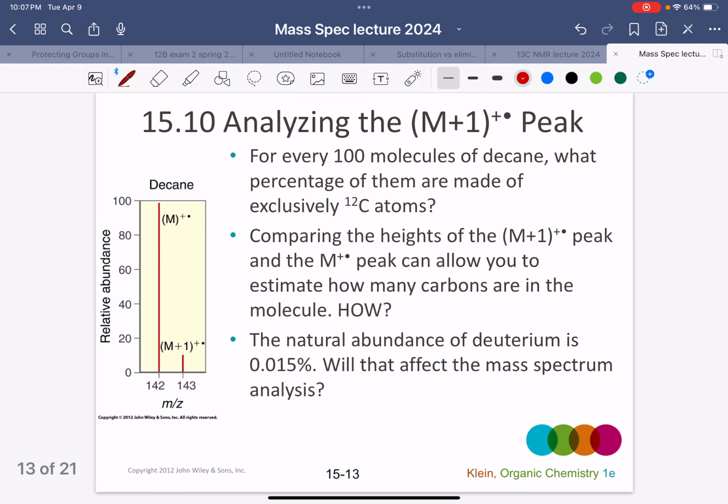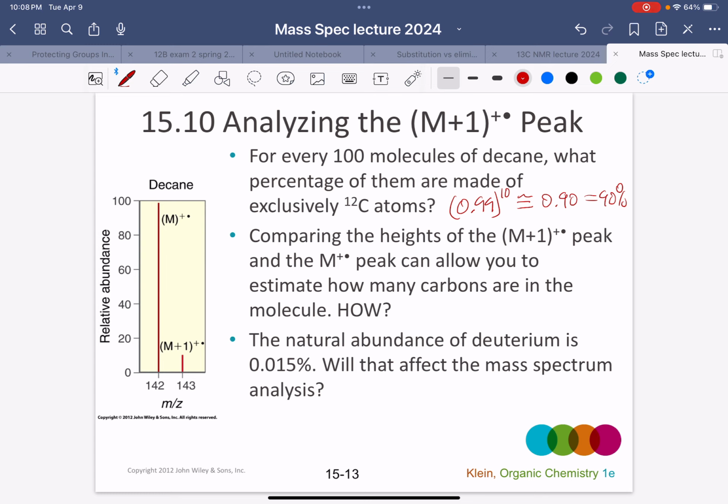So 0.99 to the 10th, and that equals approximately 0.90, which equals 90%. It's a little bit more than 0.90. But 90% of molecules of decane, so for every 100 molecules of decane, 90 of them are exclusively carbon-12. The other 10 have one carbon-13 in them.